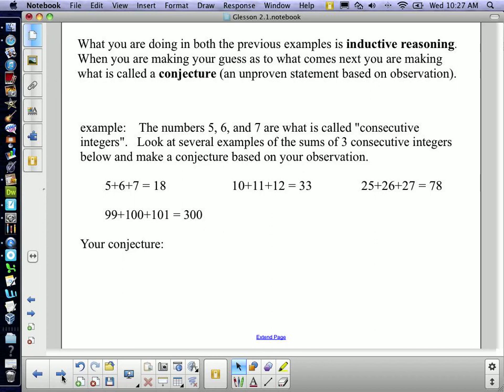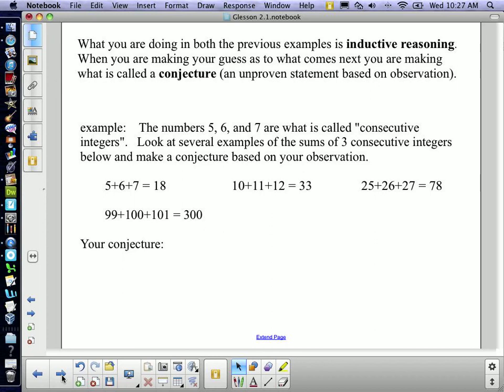So let's take a look at some mathematical conjectures here. 5, 6, and 7 are what are called consecutive integers. Let's look at several examples of the sum of 3 consecutive integers, and let's see if we can make a conjecture based on our observation, a mathematical conjecture. So I have 5 plus 6 plus 7 equals 18.